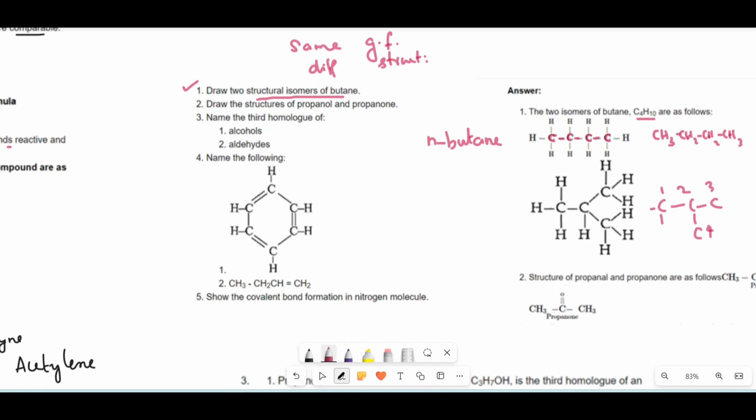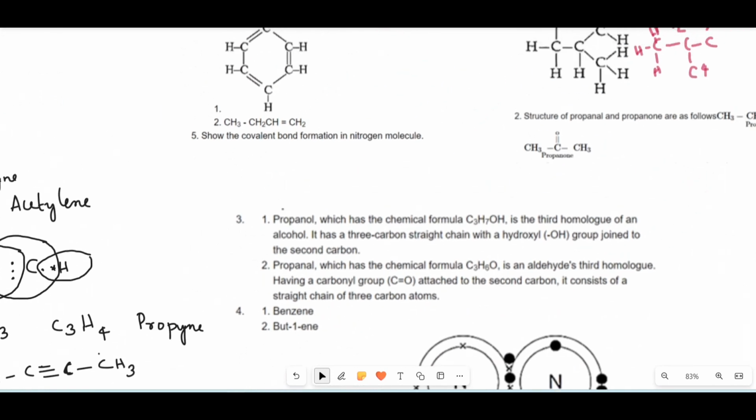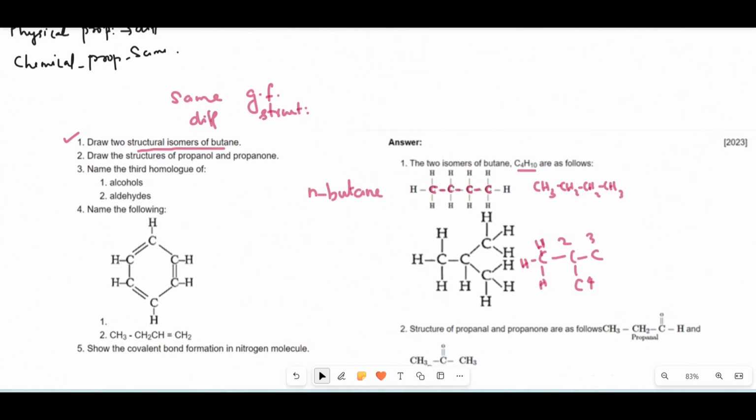Here, 3 hydrogens, CH3, and the second carbon also needs hydrogen atoms. I will write this on a separate page. Now, 1, 2, 3, and this is the fourth one. The first carbon is CH3.